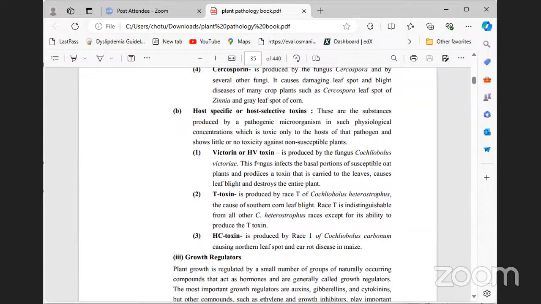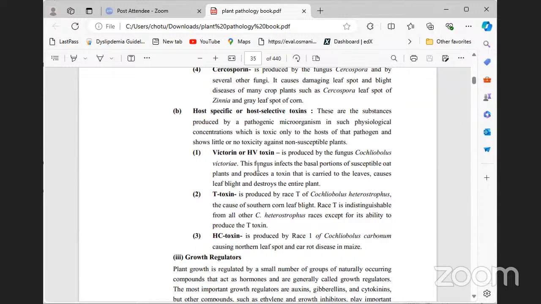Race T is indistinguishable from all other Cochliobolus heterostrophus races except for its ability to produce the T toxin.